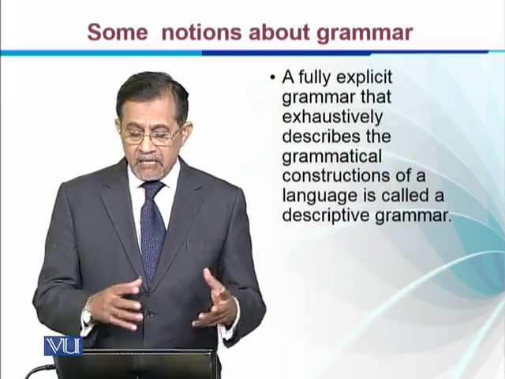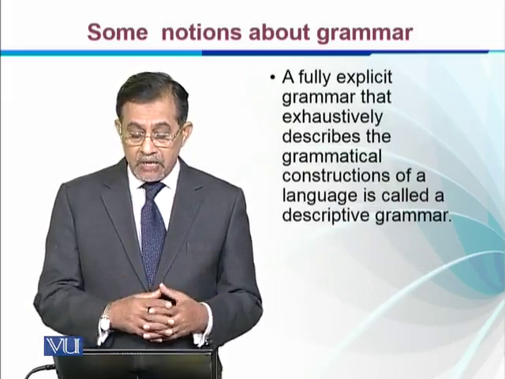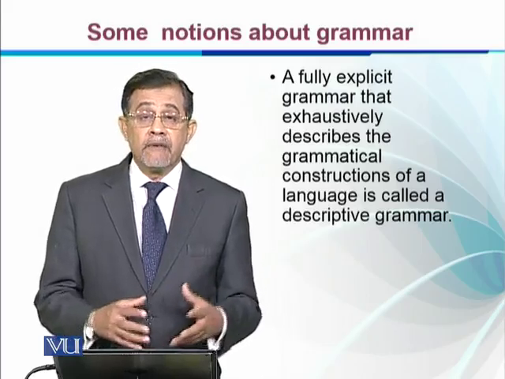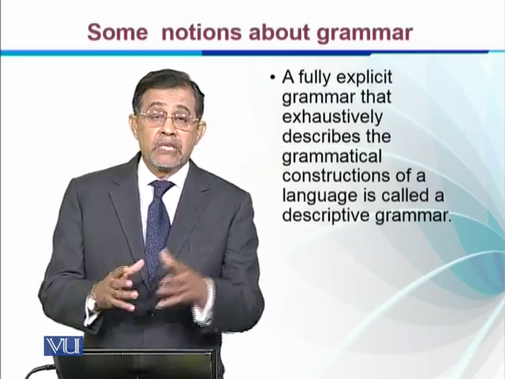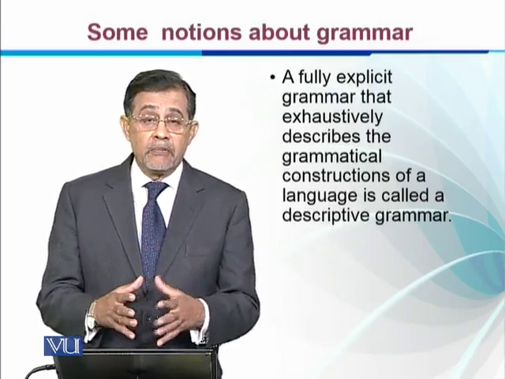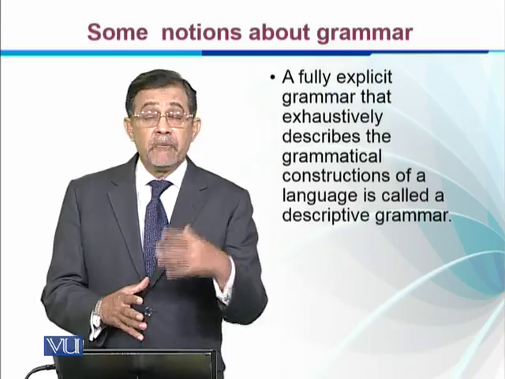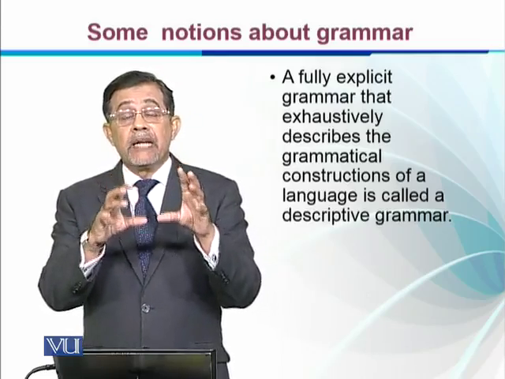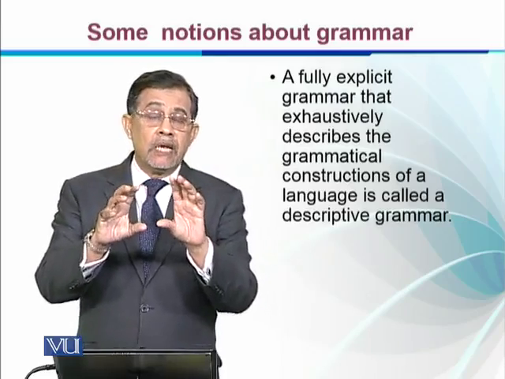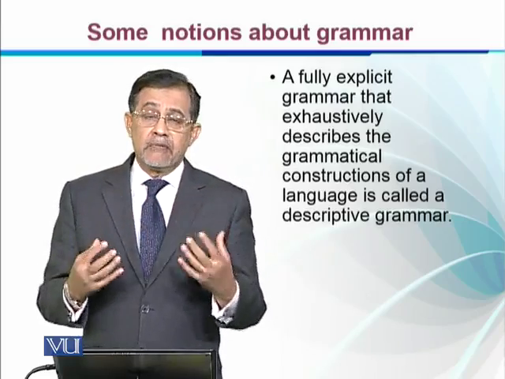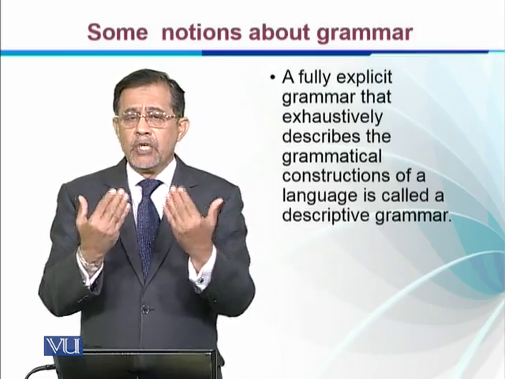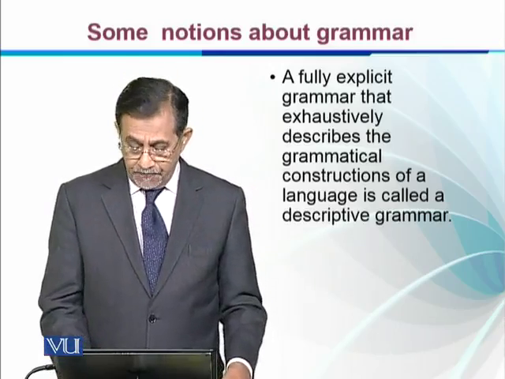A fully explicit grammar that exhaustively describes the grammatical construction of a language is called a descriptive grammar. There are so many types of grammars, and one of them is descriptive grammar. It tells how the speakers of that language use their language. So simply it gives us the description of the use of that language.